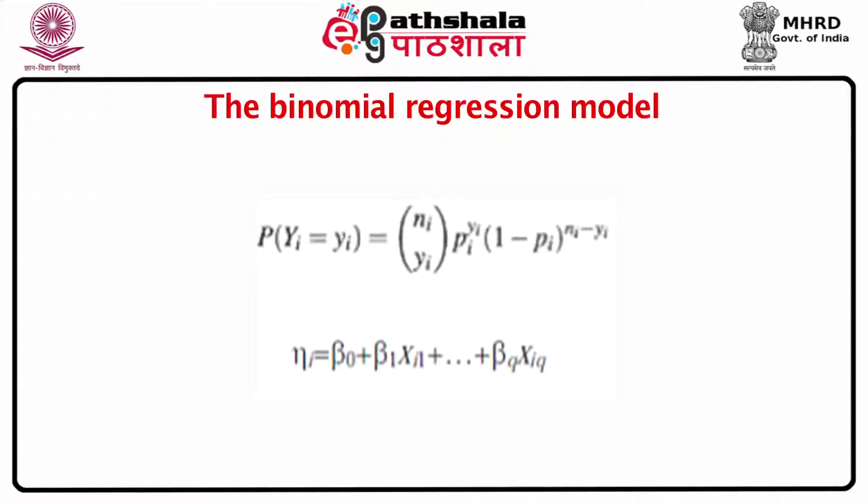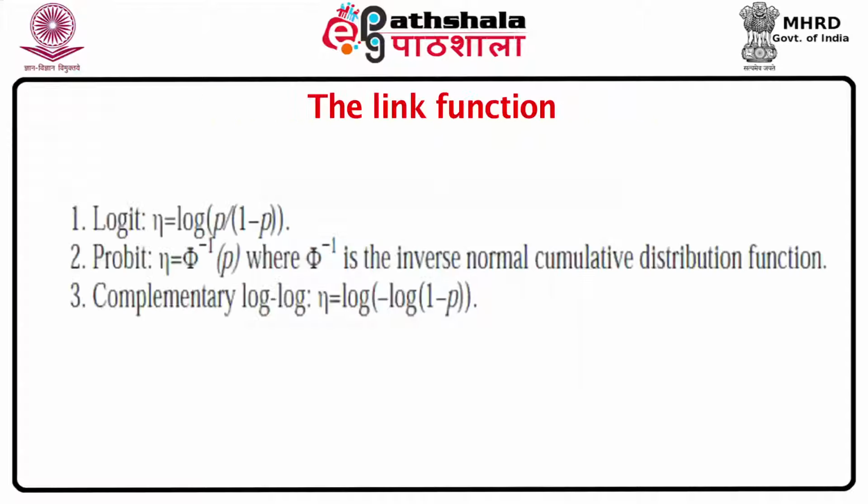Now, just as for a linear model, it is enough for us that eta_i is a linear function of the parameters, and we do not really care if the covariates here are linear or in some known transformed function. So again, I have written the PMF of the binomial distribution, and I have written a linear predictor eta_i, which is a linear function of the covariates.